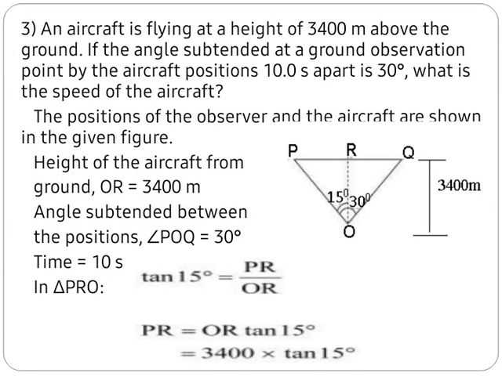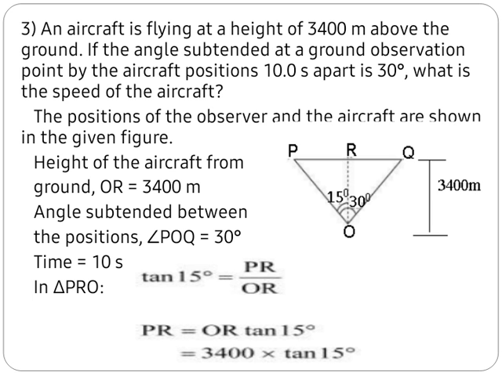As shown in the given figure, OR bisects PQ, then angle POR is equal to 30 degree by 2, which is equal to 15 degree. In the triangle PRO, tan 15 degree is equal to PR divided by OR.